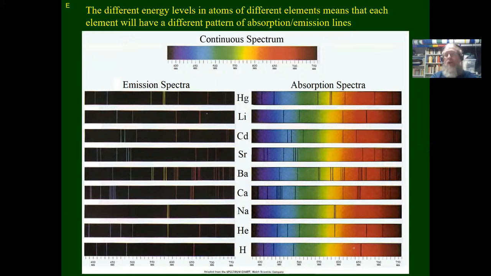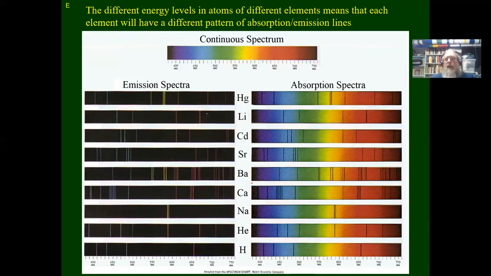And in fact, molecules have different sets of energy levels than the elements whose atoms make them up. Anyway, at the top we have a continuous spectrum, and then on the left we have emission spectra, on the right absorption spectra of a number of different elements. Most of these you don't need to know, but you certainly should know the bottom two, and you can look up what elements the symbols are for if you need to.